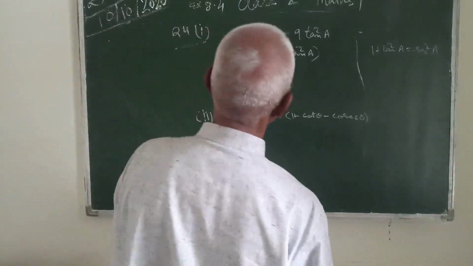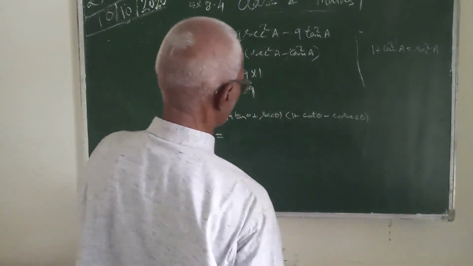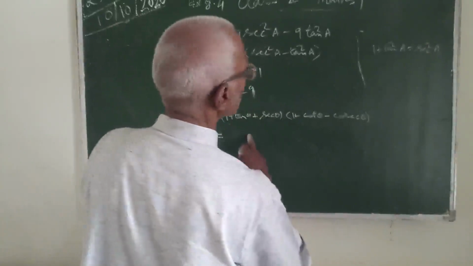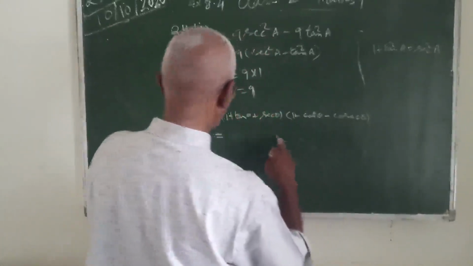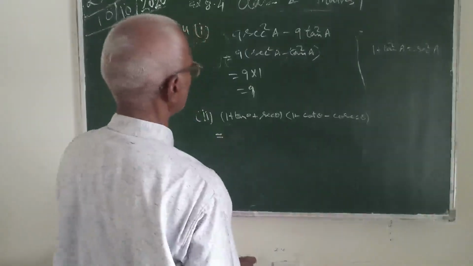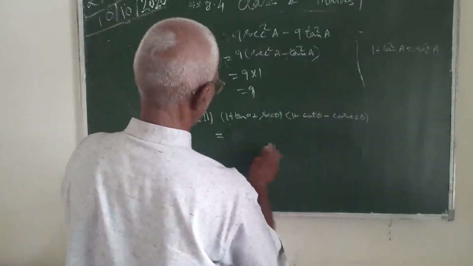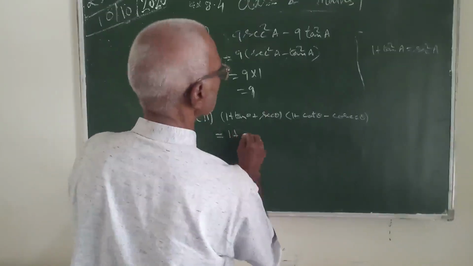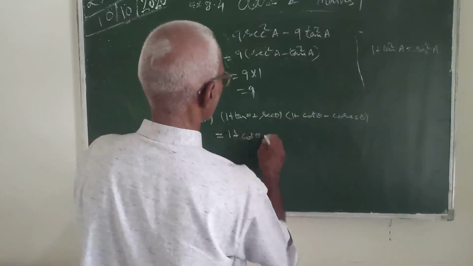You see, we have to multiply these things. Here there is cot and cosec, and tan and sec. So what to do? Multiply them. 1 into this will be 1 plus cot theta.